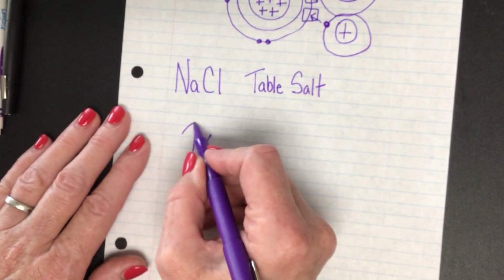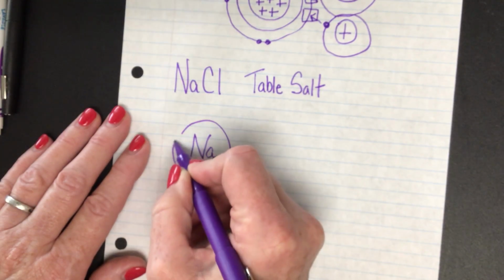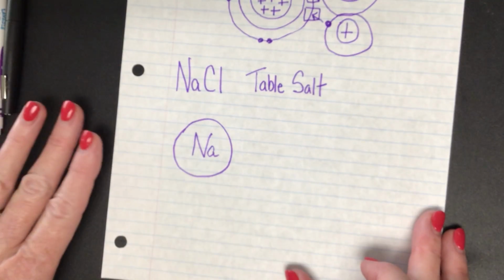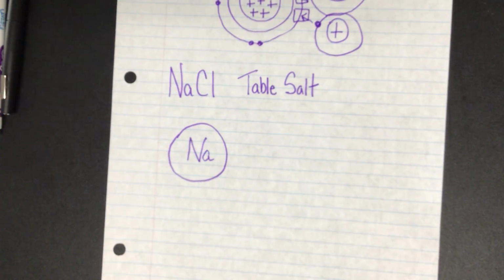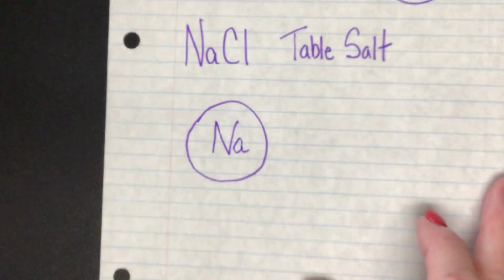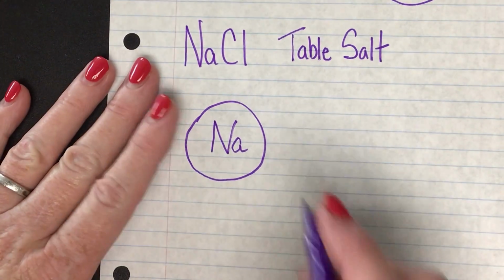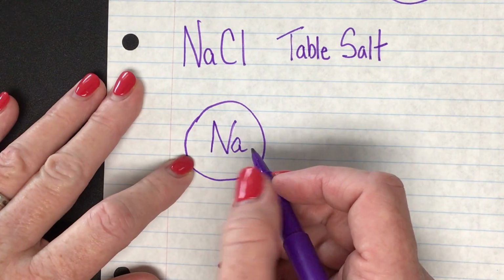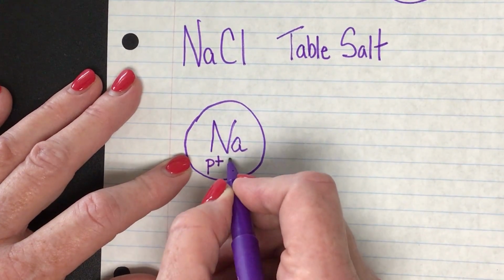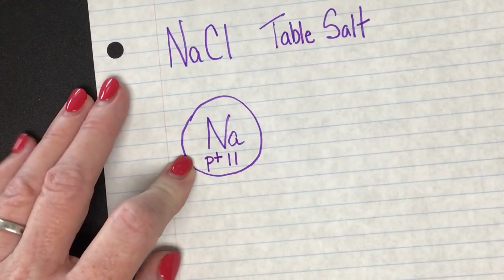That's a good question. Sodium's a metal, so it's going to be over on the left. Y'all checking out your periodic table? Sodium has 11. Okay, thank you. Sodium has 11 protons.